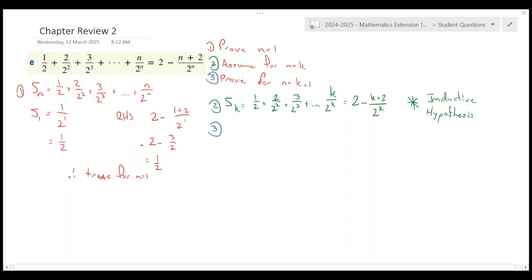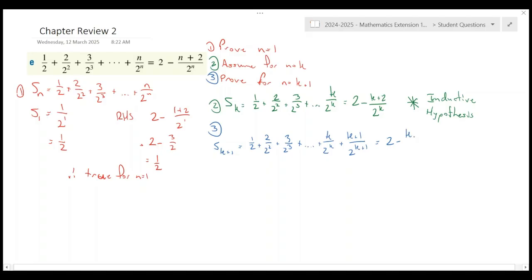So what we've got is we are doing S(k+1). So that's going to equal a half plus 2 over 2 squared plus 3 over 2 cubed plus dot, dot, dot, plus k over 2 to the power of k plus k plus 1 over 2 to the k plus 1 equals 2 minus, now we're going to do k plus 1.